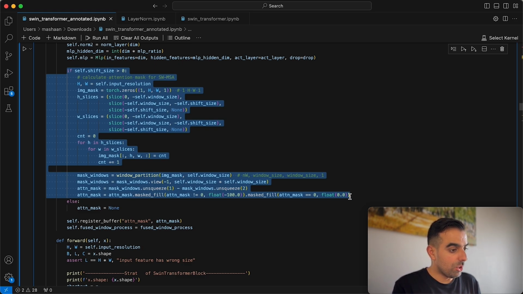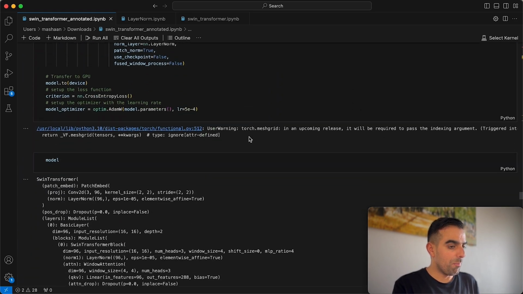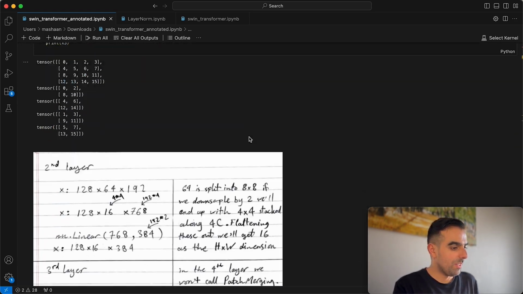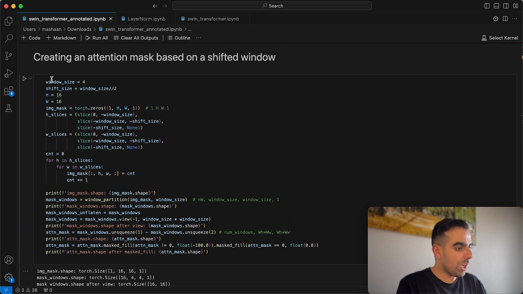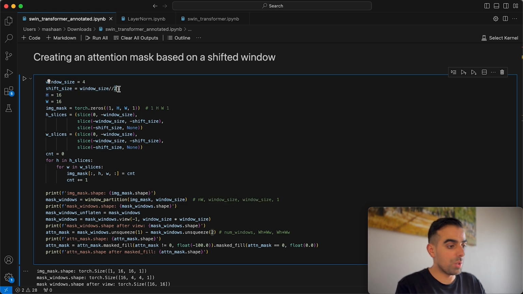But I didn't know how they are doing that. So I came up with my matplotlib code just to understand what's going on in here. If the window size is 4 and the shift size is 4 divided by 2, which is 2, height is 16, width is 16, this is that image mask.